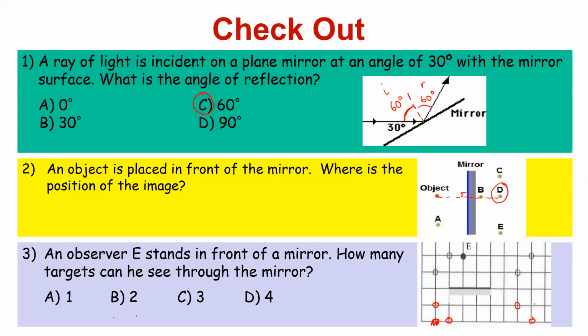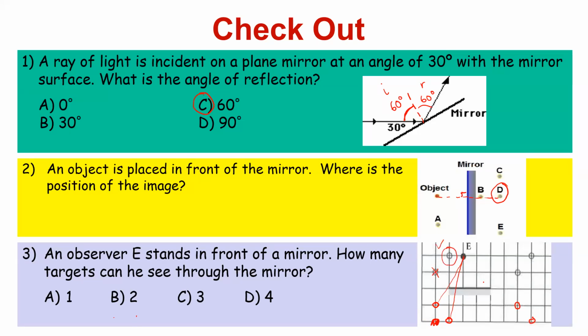I'm going to draw the image of my 4 targets. Then I'm going to use straight lines to draw to the eyes. This one doesn't hit the mirror, so I'm unable to see this target. The next one, very obviously, will hit the mirror, so yes, I will be able to see this target.